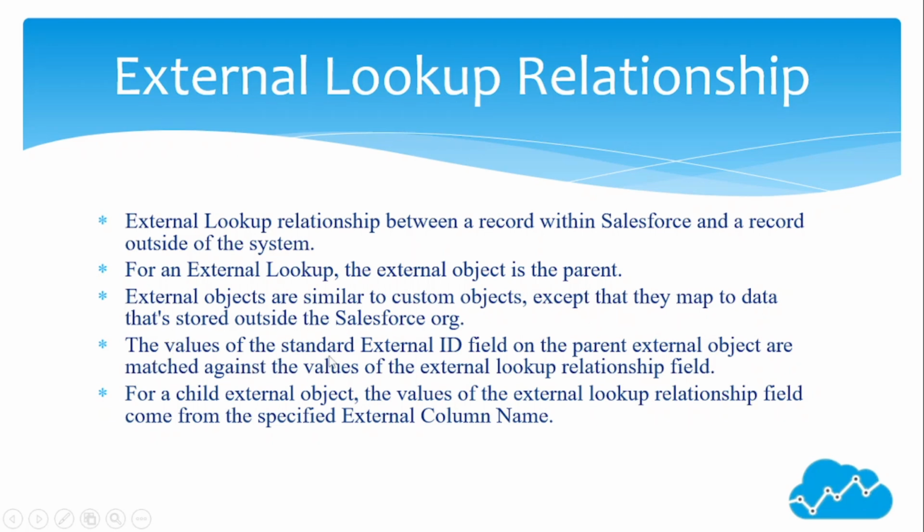The values of the standard external ID field on the parent external object are matched against the values of the external lookup relationship field. For a child external object, the values of the external lookup relationship field come from the specified external column name.